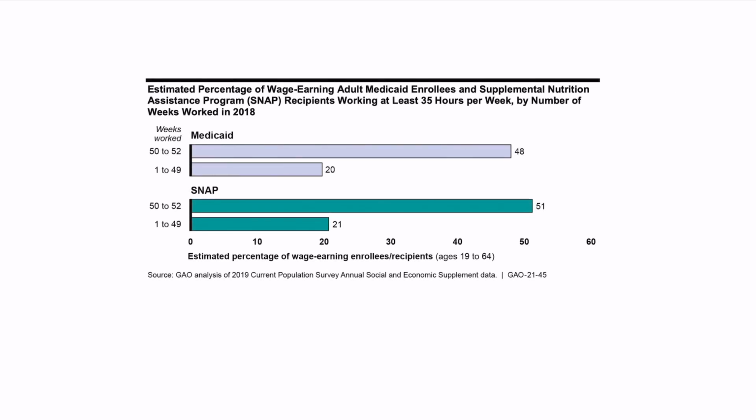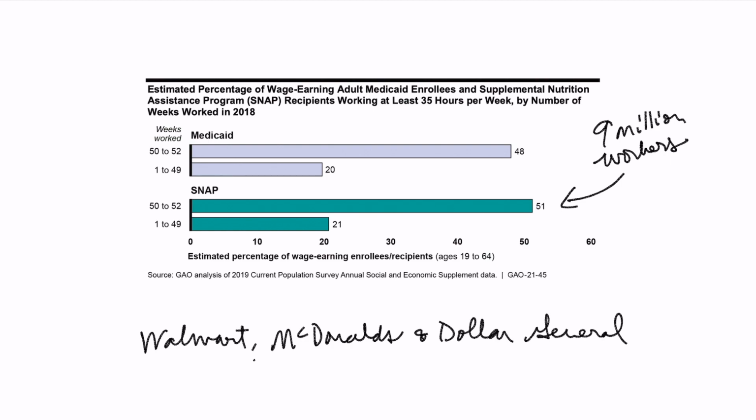This table from the Government Accountability Office shows 51% of SNAP, which is Supplemental Nutrition Assistance Program, recipients are full-time workers. That's 9 million workers for SNAP. Walmart, McDonald's, and Dollar General are the top 3 employers of SNAP recipients.